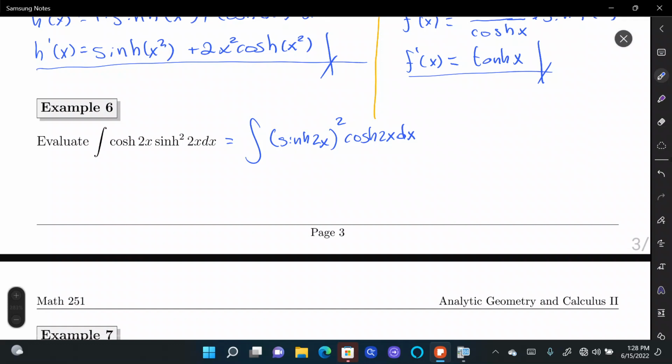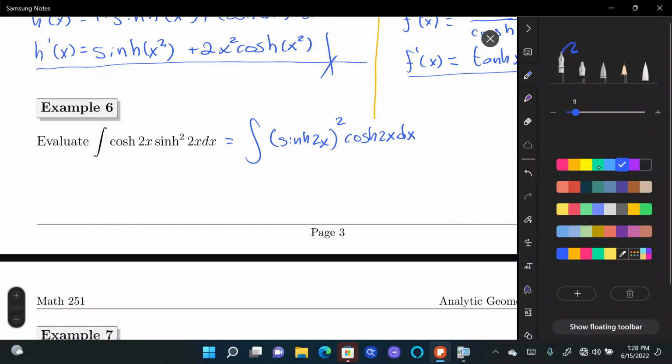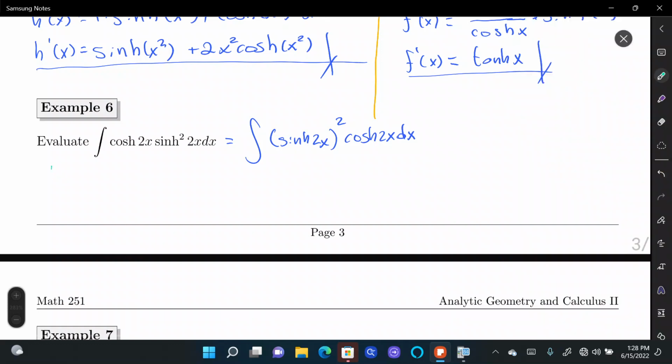So in this case, let's set u equal to sinh x. The derivative du will be cosh x times the derivative of x, which is 1. I'm going to put that in front as a coefficient, but don't forget the dx.